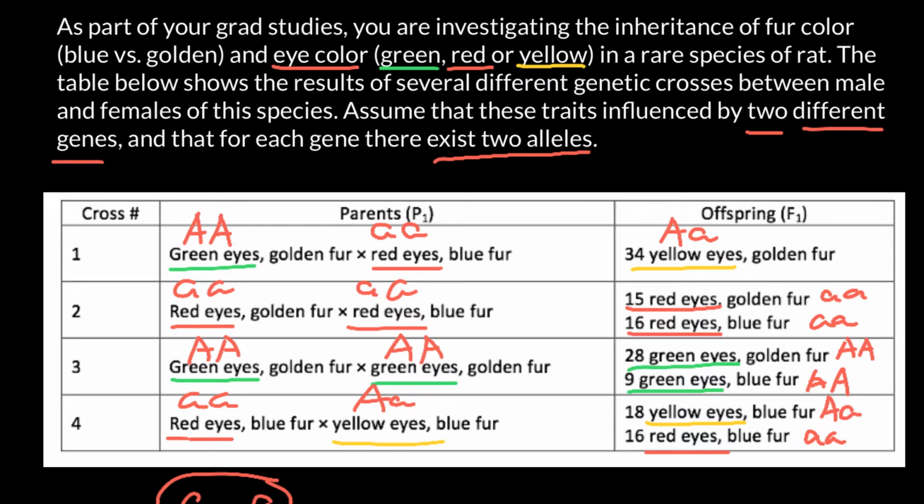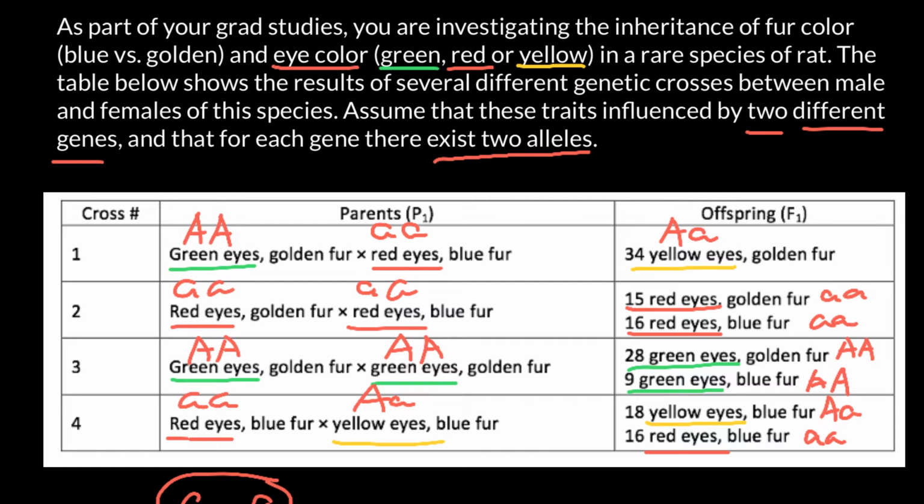Let's see. In the first cross we see one parent with golden fur, another with blue fur, and in the progeny we also see golden fur. So let's say that this is going to be gene B, and I'm going to use a different color.